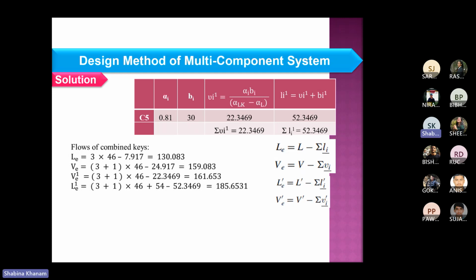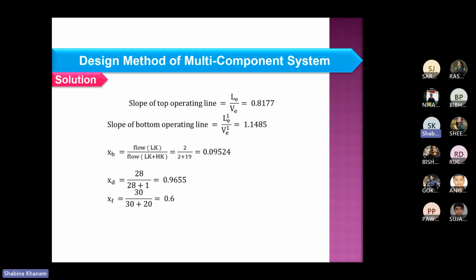Right, so values are more or less the same as the previous problem, only slight variation is there, so you can have the values in the same order, same range. So in this way you can find out the flow rate of light and heavy key, so the flow rate of liquid as well as vapor in rectifying section or stripping section.